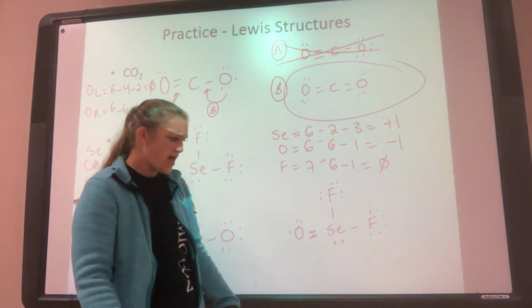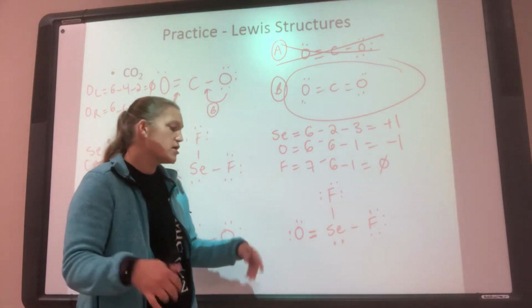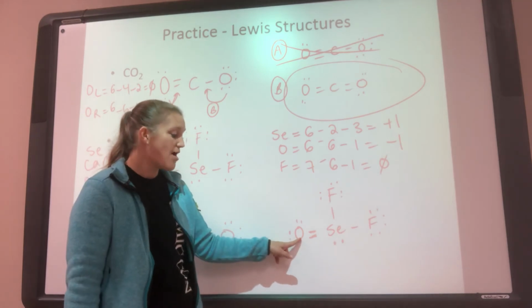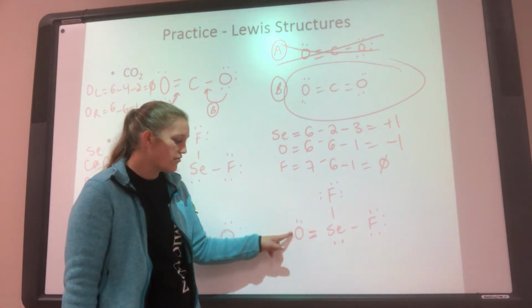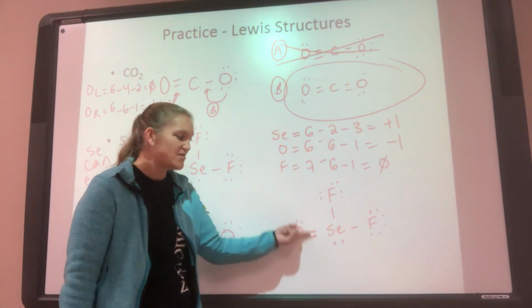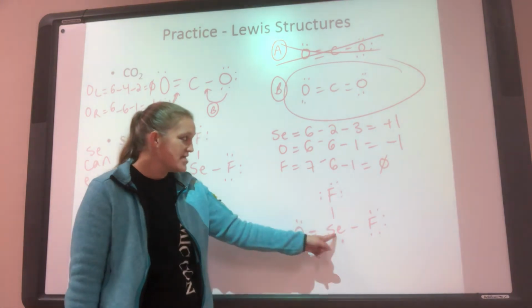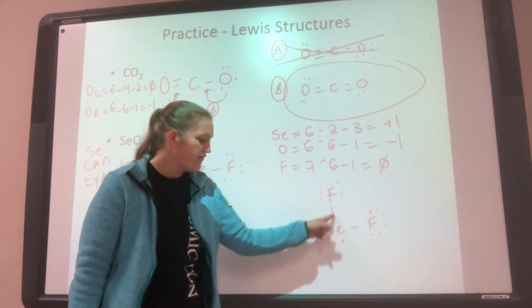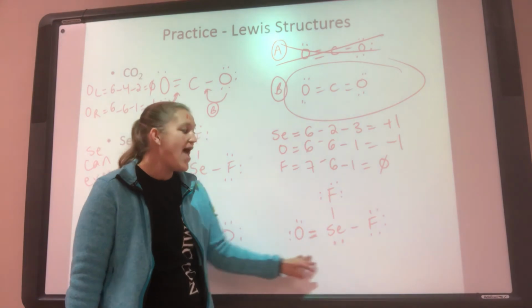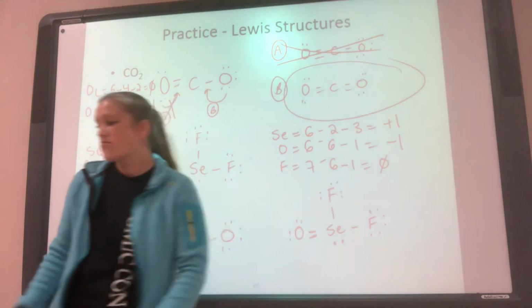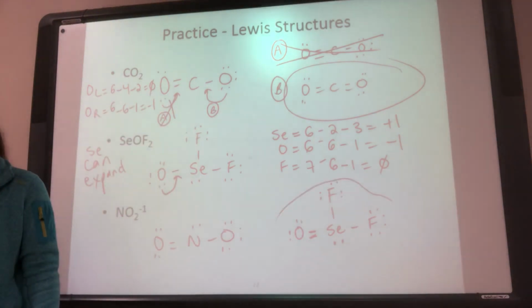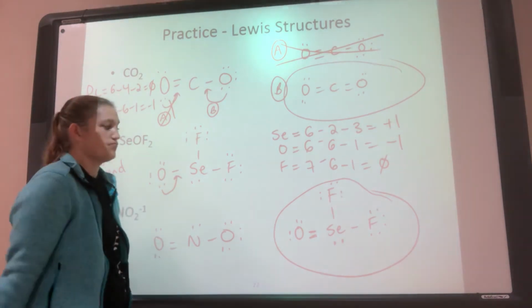Now you might say, can I expand more? Well, if you wanted to know, you would check the formal charge of oxygen: 6 minus 1, 2, 3, 4, 5, 6. He's at a 0. And the Se now is at 1, 2, 3, 4, 5, 6. He's at a 0. Everyone's at 0, so they're completely happy, so we are done. That is the completely happy, done picture.